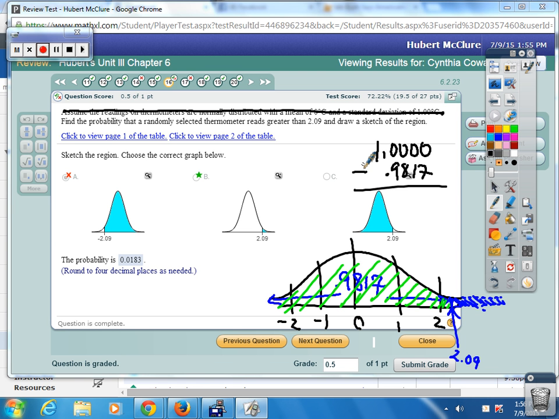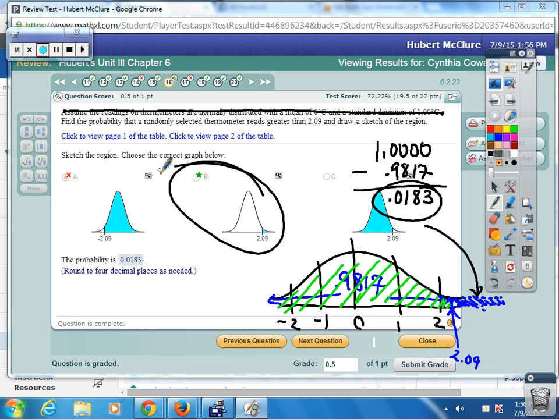That's right, class. So you're going to have less than 2 cents because you got some extra cents over here. So it's going to be 0.0183, and that is your area in blue. And then, look at there, 0.0183.